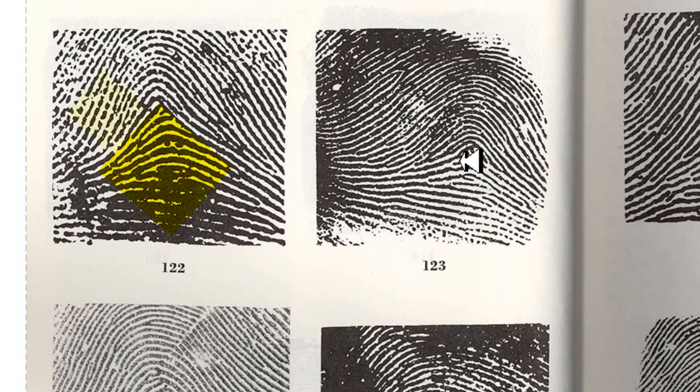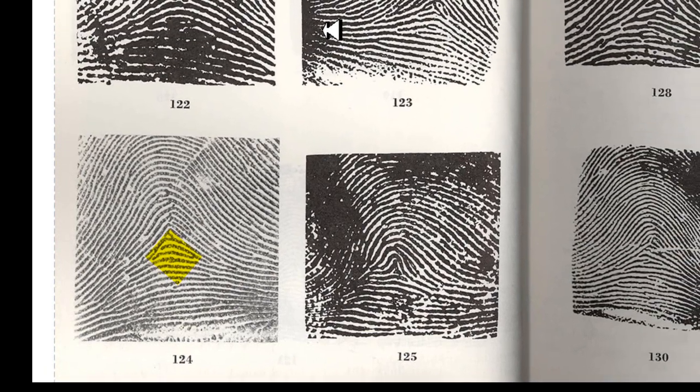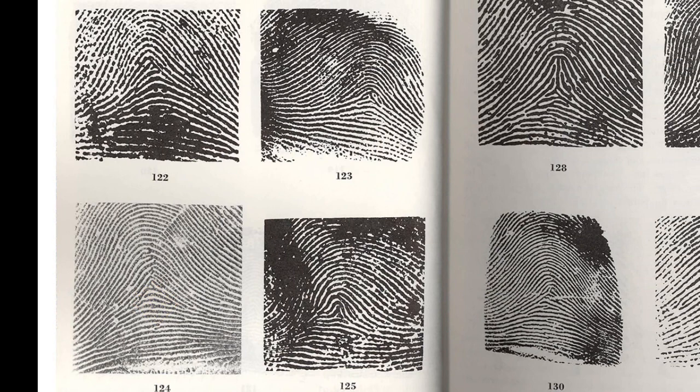And if you follow this line here, this appears to have a pointed angle right here. Dropping down, this one is squared off, and the angle is right here. So these three fall under the explanation of an angle in the print, which would make it a tented arch.